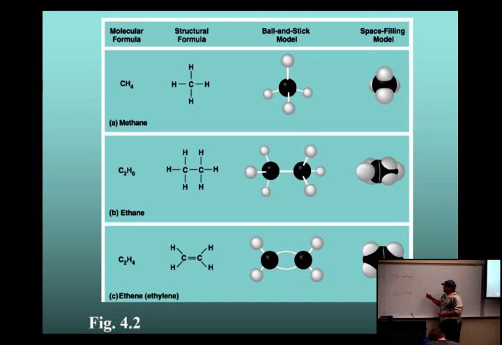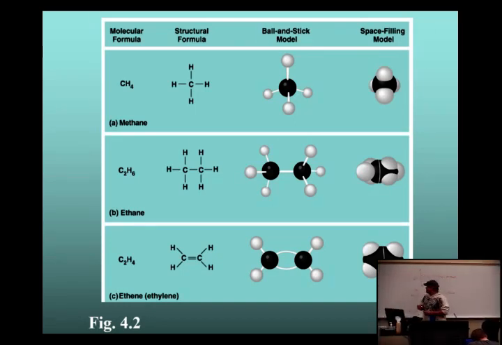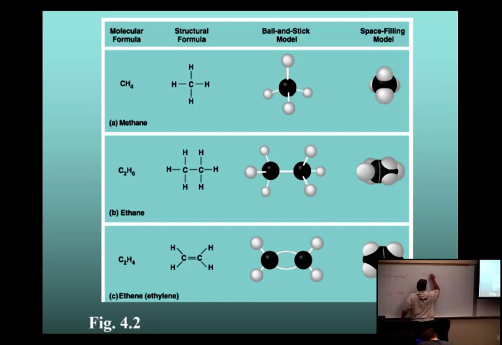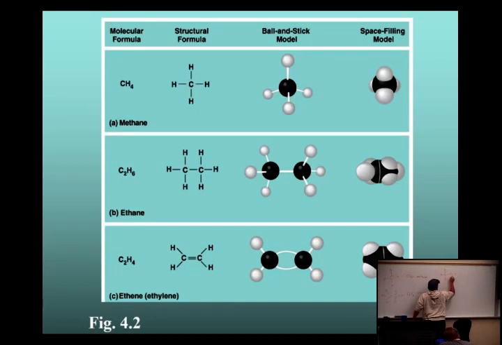All right. What's next? So we got 1, we got 2, now what we need is 3. And so what's that chemical formula? Anyone know what this is?